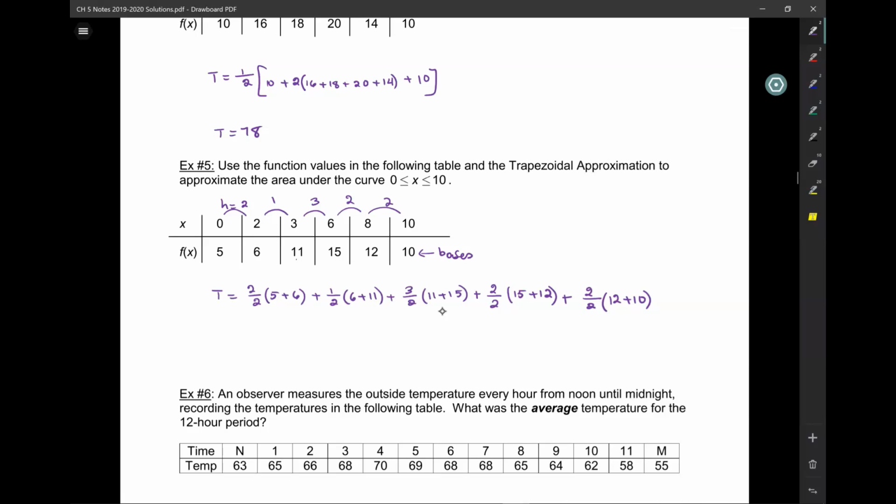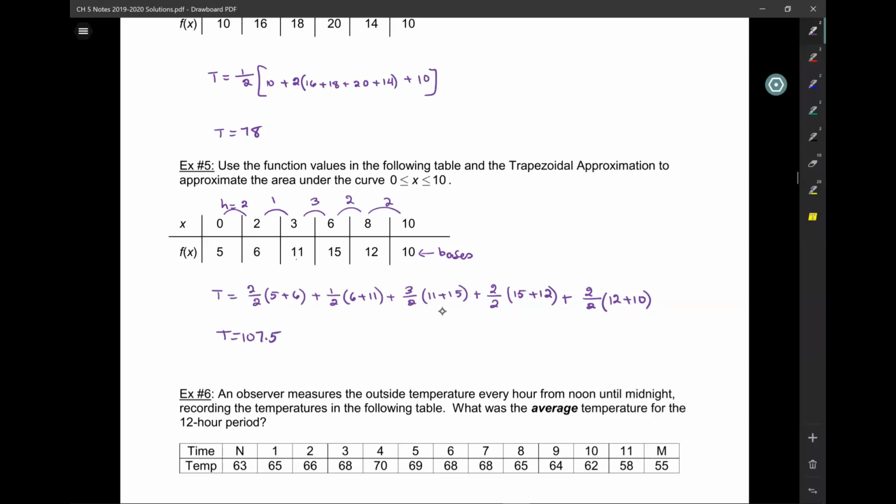You can, but it's more work than it's worth. 107.5. Because it's h divided by 2. The area of a trapezoid is 1/2 times base 1 plus base 2 times height.